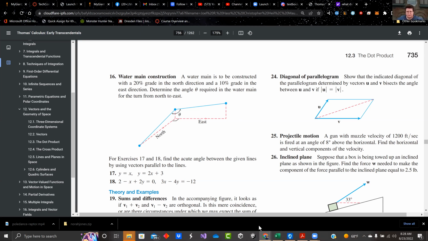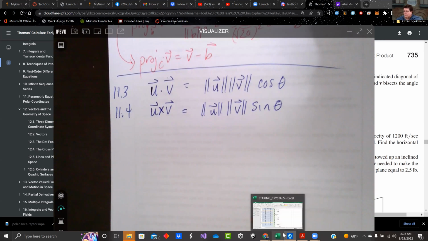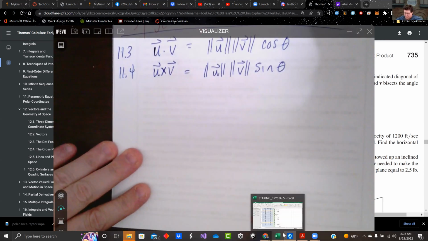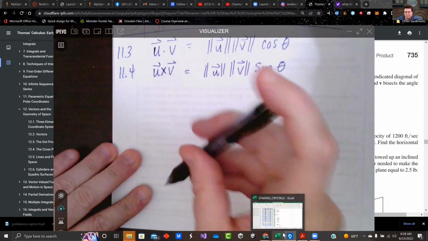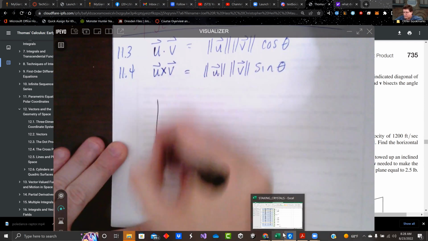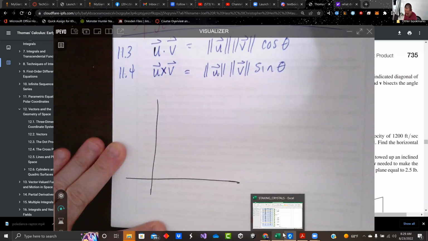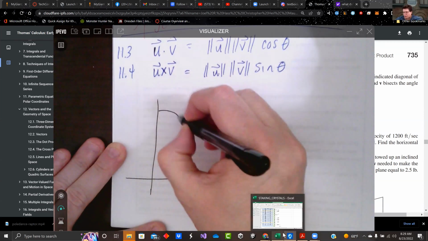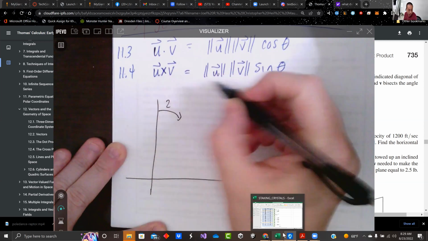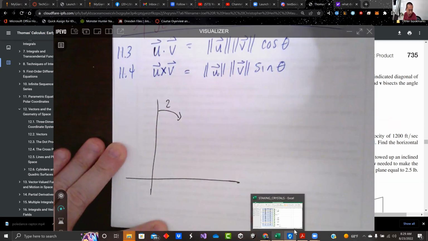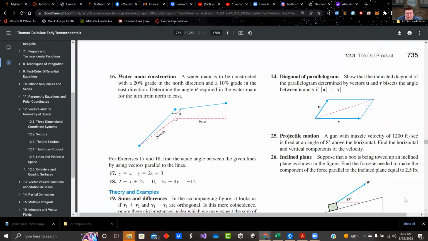So let me share, bring this up. So if I draw something based on the normal system here, 20% grade off of north, the way it looks like what it's doing to me is 20% that way. I think there's a proof behind it. So you guys just take it. Yeah, just take it.